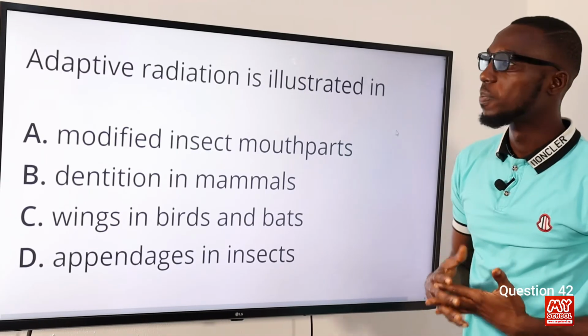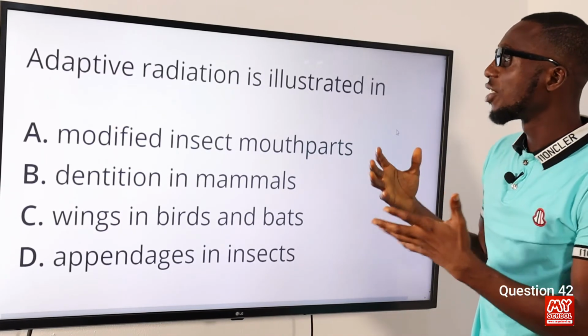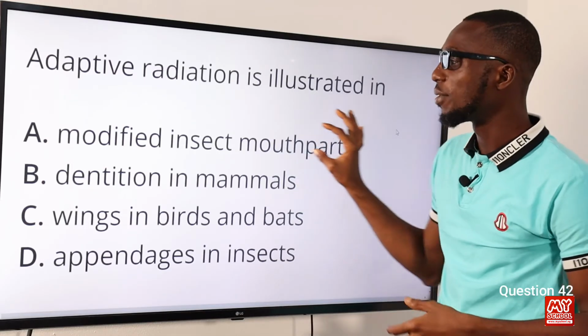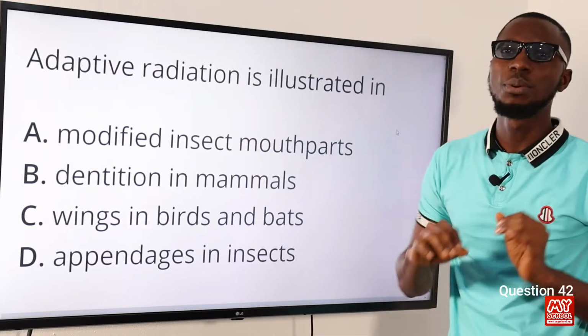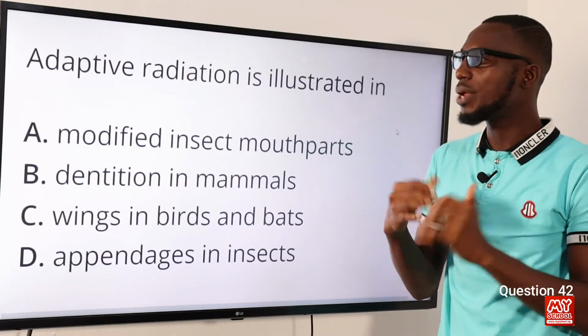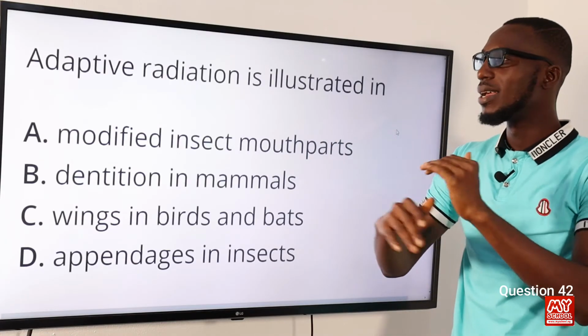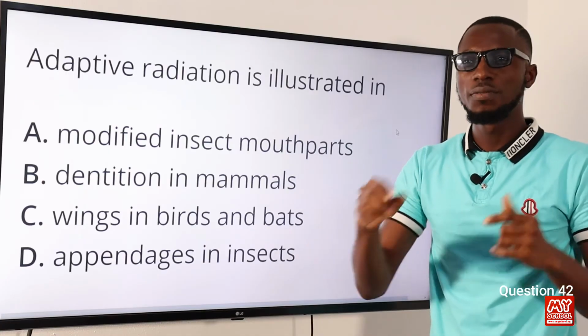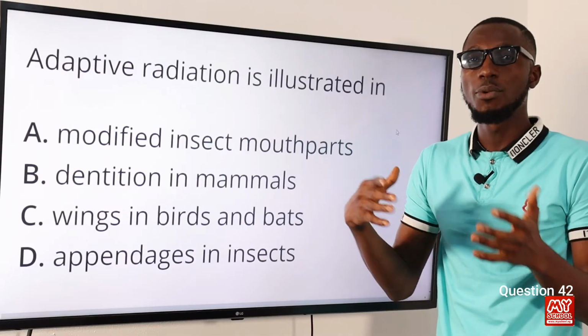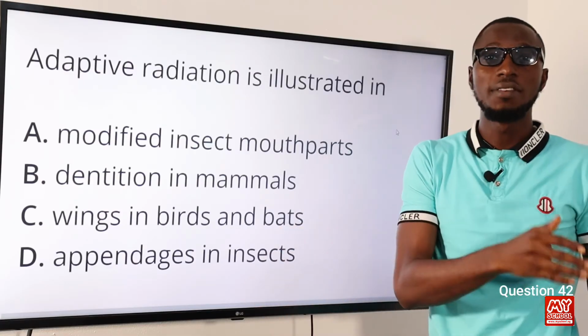Question 42. Adaptive radiation is illustrated in what? Okay, it is illustrated in modified insect mouthparts. When you talk about adaptive radiation, you're talking about very rapid change that you notice in the next or following generations from a common ancestor. So this can even lead us to talk about convergent and divergent evolution.